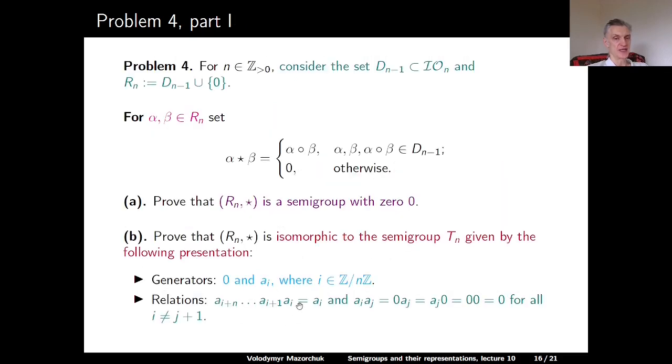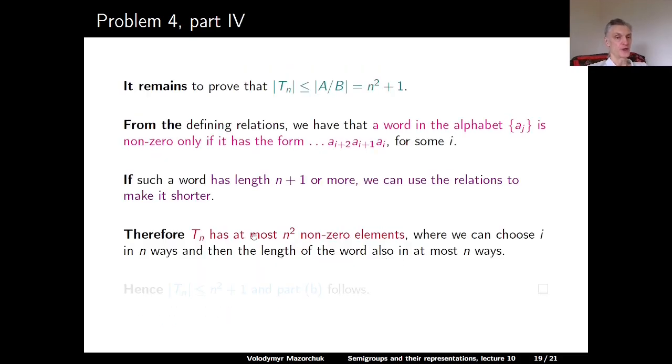Here is the defining relation which makes such an increasing word shorter if its length is n plus 1. Therefore, Tn has at most n squared non-zero elements, because we can choose i in exactly n different ways, and then the length of the word which starts with i in at most n different ways, so it can have length at most n.